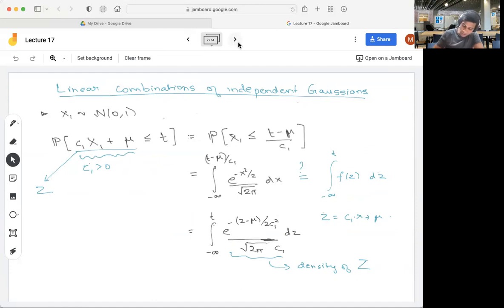And we just proved that the density of z is the same as that of a random variable which is distributed according to mean mu and variance C1 square. So z is a Gaussian random variable with mean mu and variance C1 square. Okay. Any questions before we proceed?